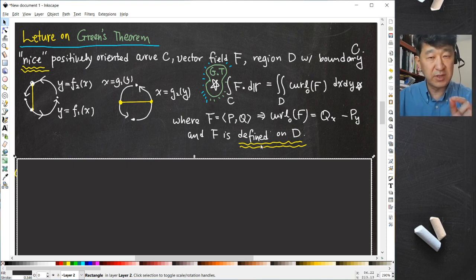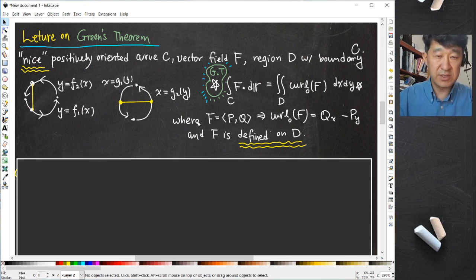It all goes into understanding the meaning of whether F is defined on D or not. Again, this only cares about C. What if I piecewise define F, so that it has the same value on C, but a different value inside? Then something interesting is going on. So it's really interesting.